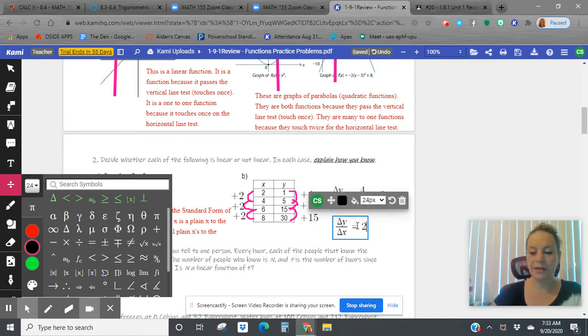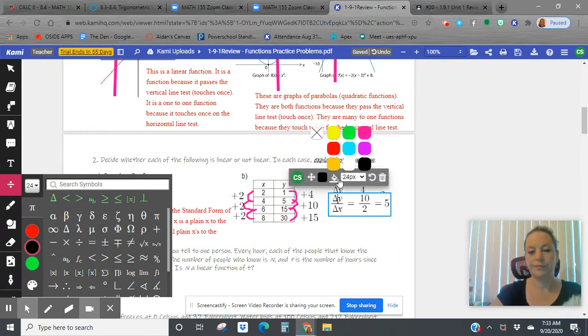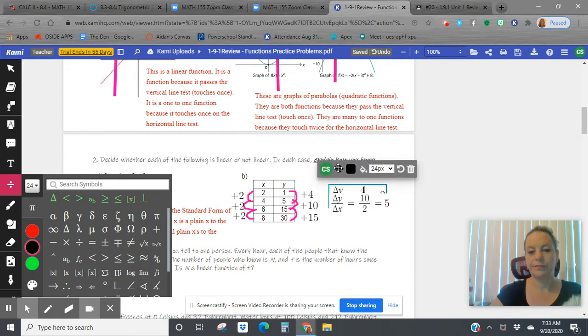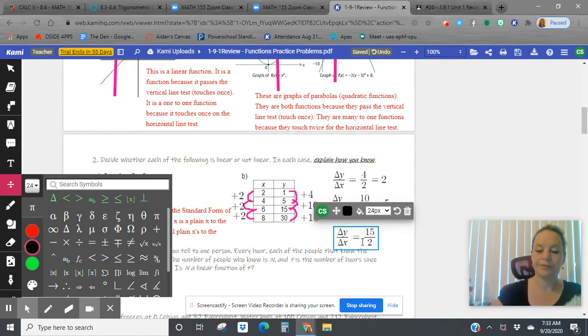We have a 10 over 2 for the second one, which simplifies down to 5. For our last one, we have a 15 over 2, which simplifies down to a decimal.